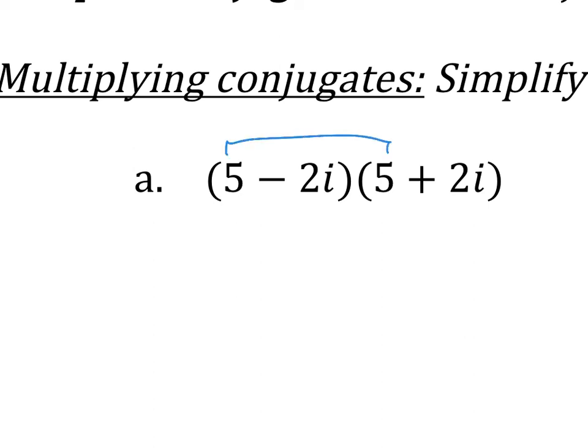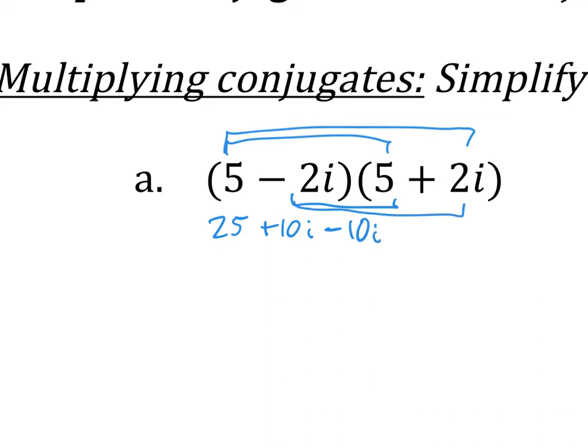We get 5 times 5. That's 25. 5 times positive 2i, that's positive 10i. Negative 2 times 5, that'd be negative 10i. And then negative 2i times positive 2i, that would be negative 4i times i is i squared.